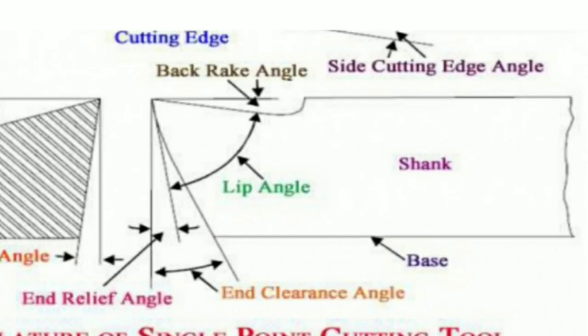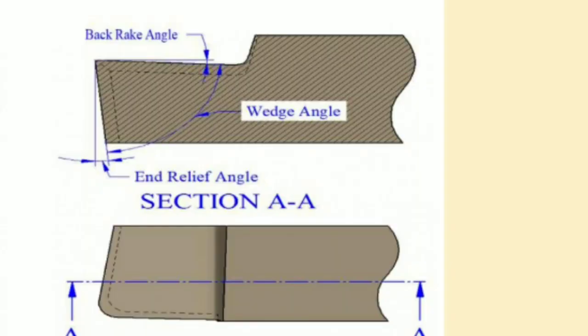If you see the front view of the tool, it is the angle given to the front face of the tool. It is the angle between the front face of the tool and a line drawn perpendicular to the base at the front flank. This angle is present below the end cutting edge.